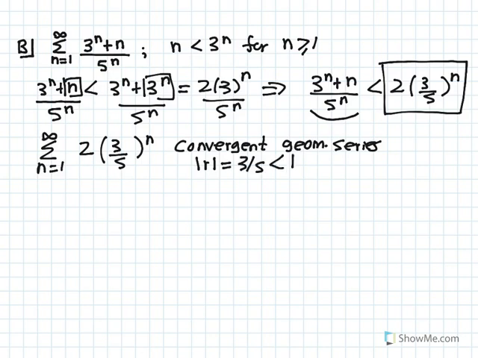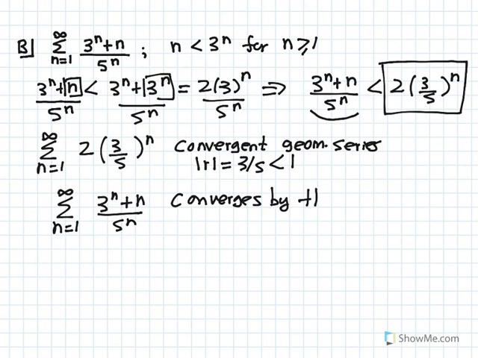That means the given series, summation n equals 1 to infinity, (3 to the n plus n) divided by 5 to the n, converges by the basic comparison test. Let's just abbreviate that, basic comparison test.